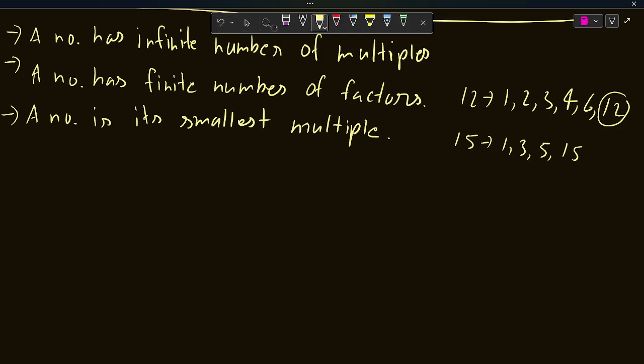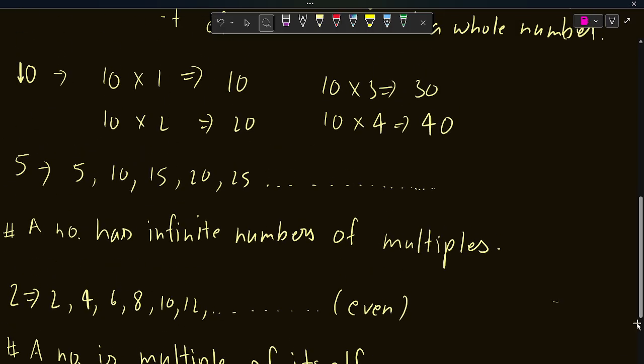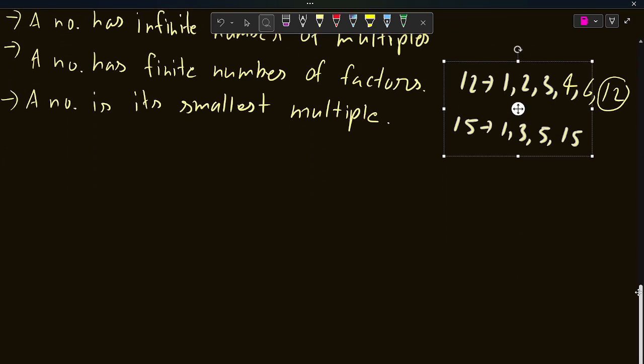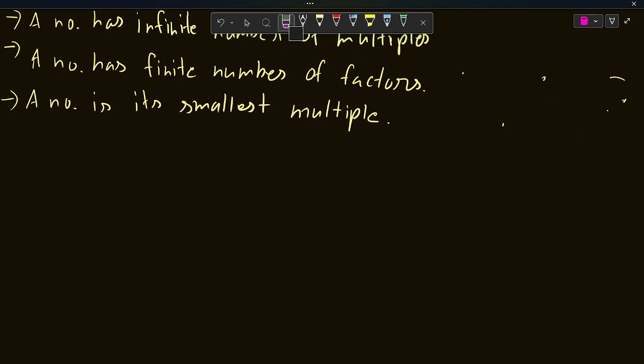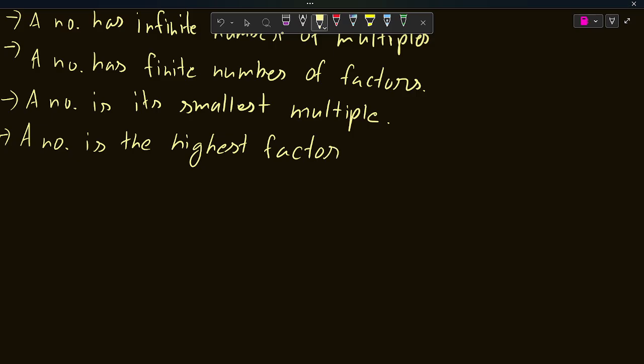So this also has to be understood: a number is the highest factor of itself.